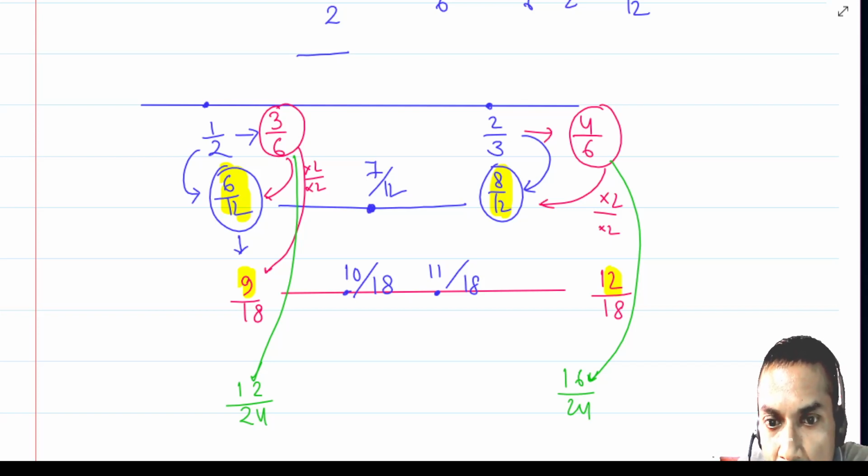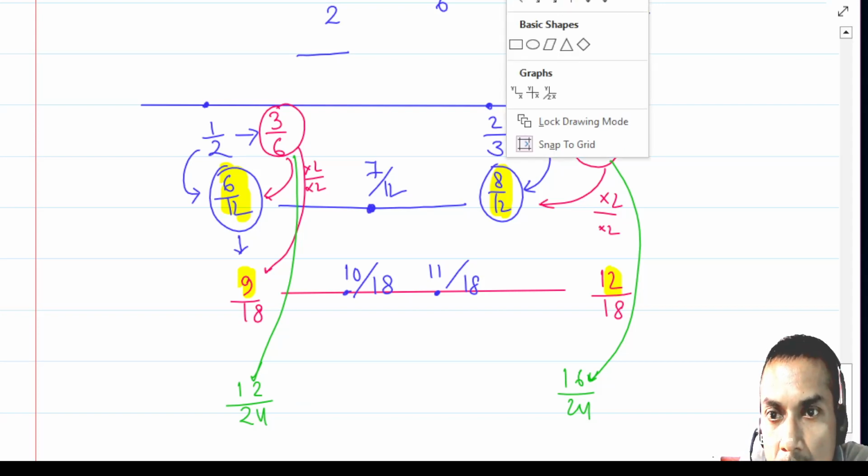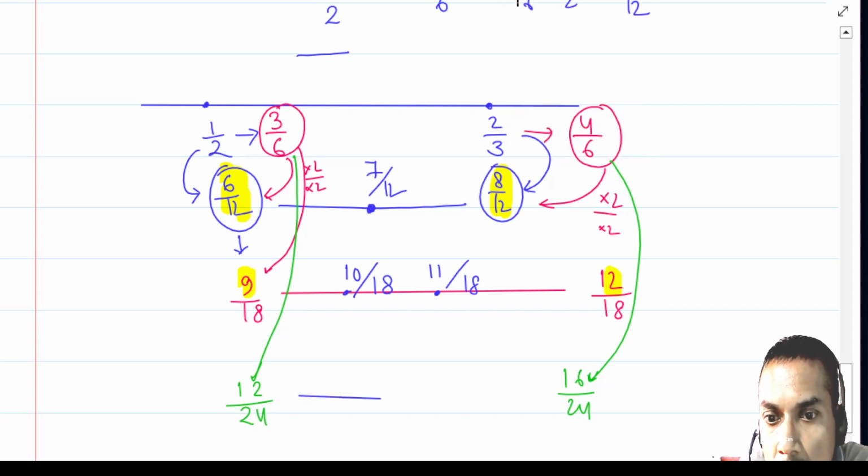In between 12 and 16 we get more space to find whole numbers.